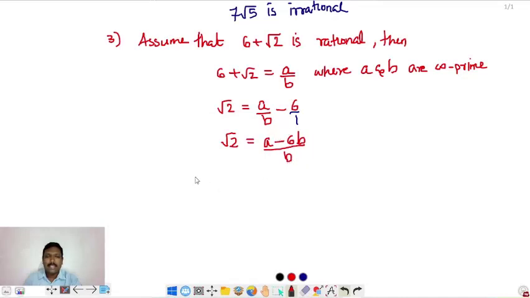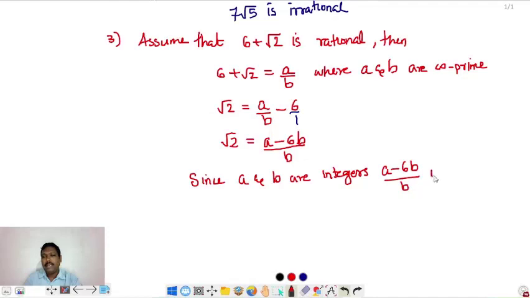Now since a and b are integers, what can you say? Since a and b are integers, a minus 6b divided by b is rational.